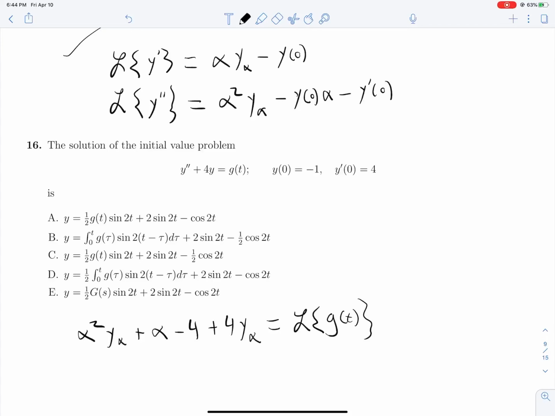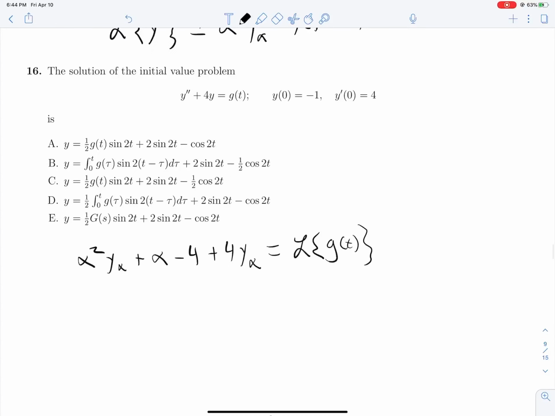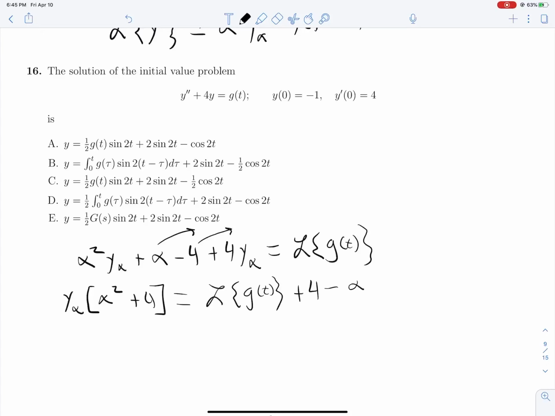And okay, we are almost ready to actually start the whole solving thing. I'm going to subtract this alpha to the other side and add the 4 to the other side, and then factor out y of alpha from the left side. So we'll have y of alpha multiplied by the quantity alpha squared plus 4 is equal to the Laplace of g of t plus 4 minus alpha.